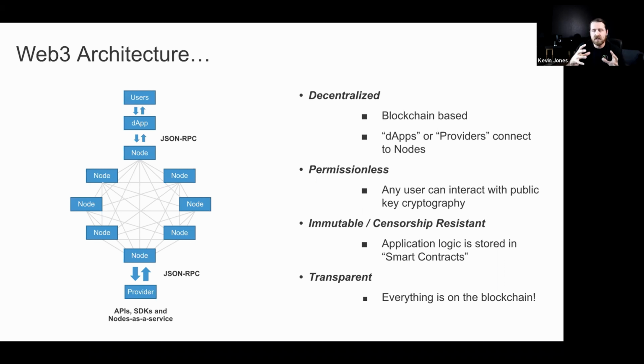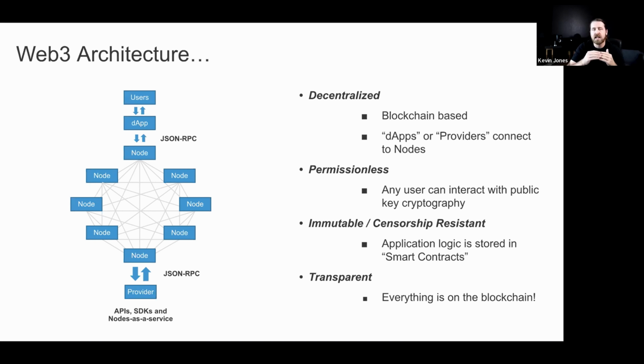But it's still decentralized in the sense that the nodes behind it that are running the blockchain are permissionless and decentralized. Permissionless means that anyone can interact with them, using public key cryptography, or wallets, as you would know them, right? And everything is immutable and censorship resistant, right?